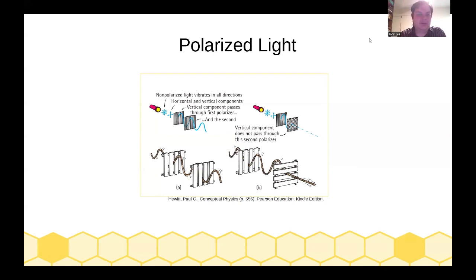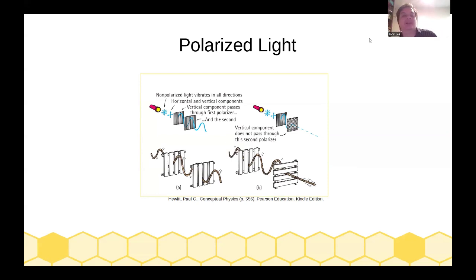So if you took a rope and started moving it up and down, and passed it through a fence, the only way to get through the fence is if it's going up and down. Anything going side to side or off at an angle is not going to go through the fence. You can then set it up so that polarized light is not able to go through a second polarizer, which is perpendicular to the first polarizer.